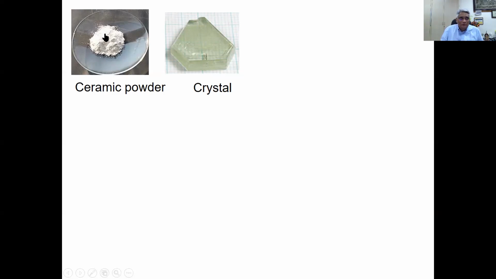These powders can be converted into compact blocks, because I can't do any physical property measurements on these powders. Some experiments can be done. If I want to do a spectroscopy, I can take a small pinch of this powder and do a spectroscopy measurement. But if I want to do an electrical property measurement, then I need to compact it.